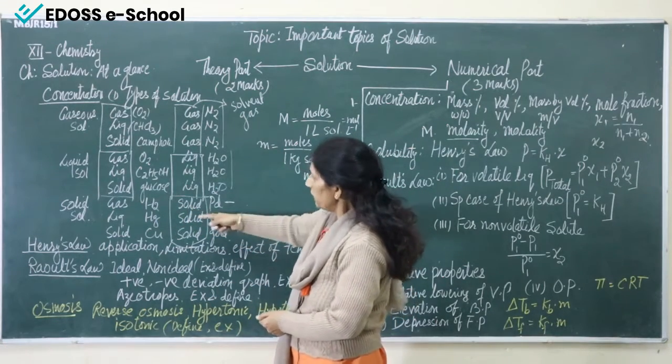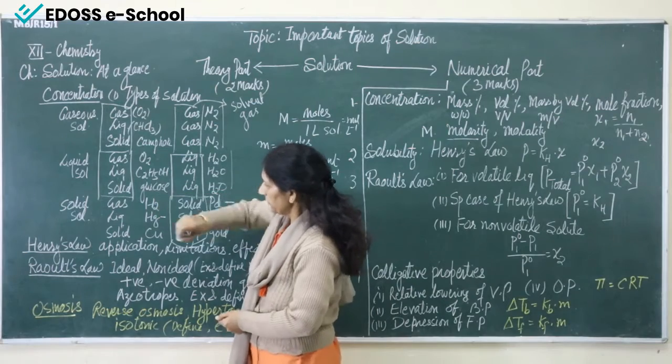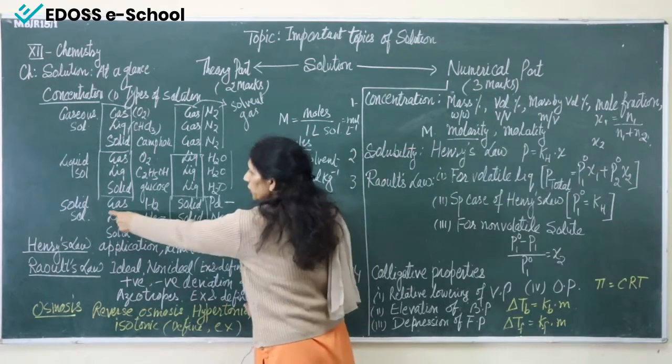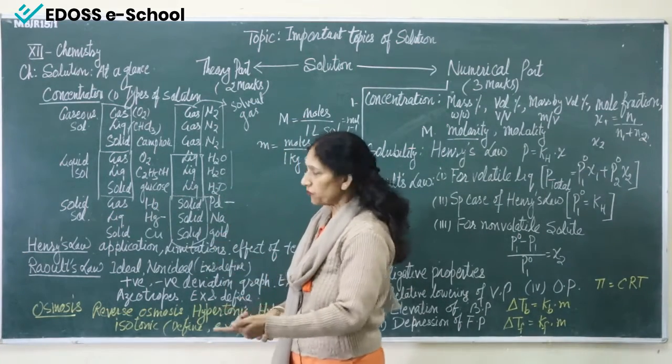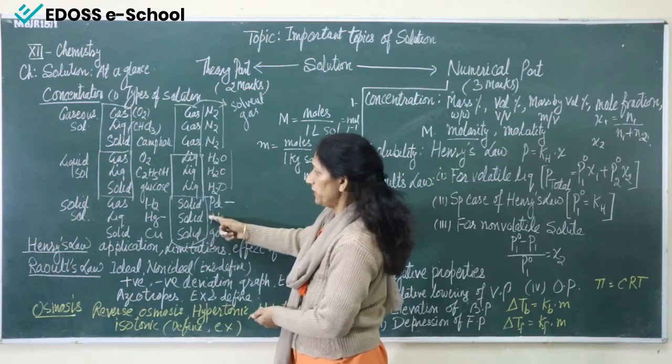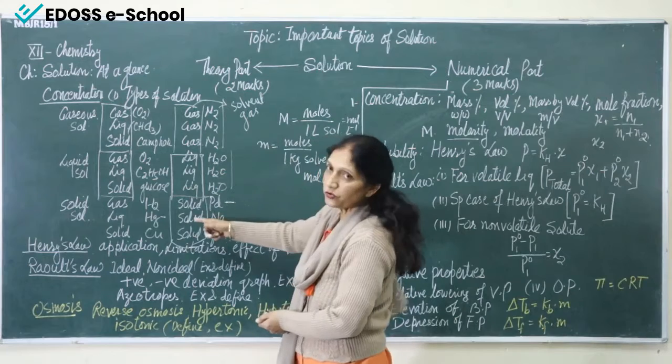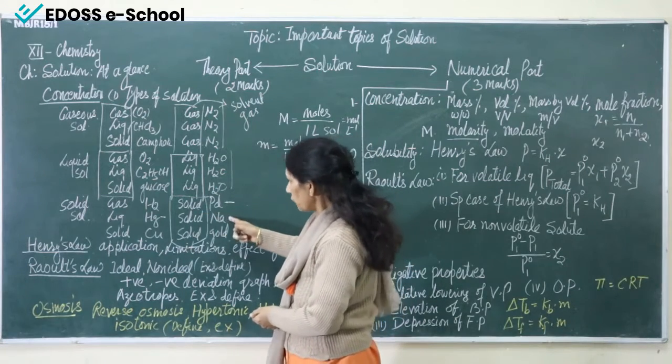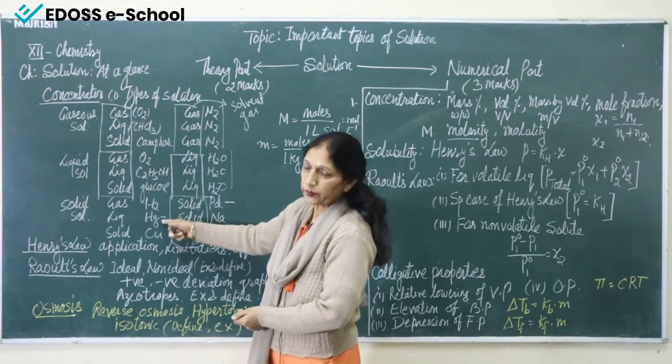If in sodium we are taking a liquid, that is mercury, the type of solution will be solid. Why solid? Because the major component is solid.